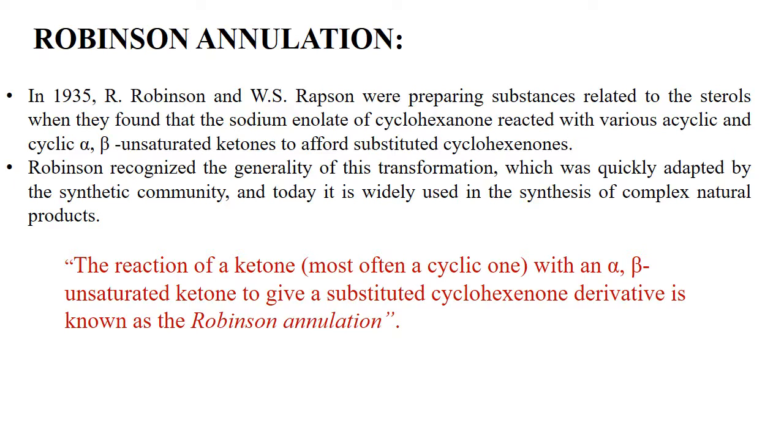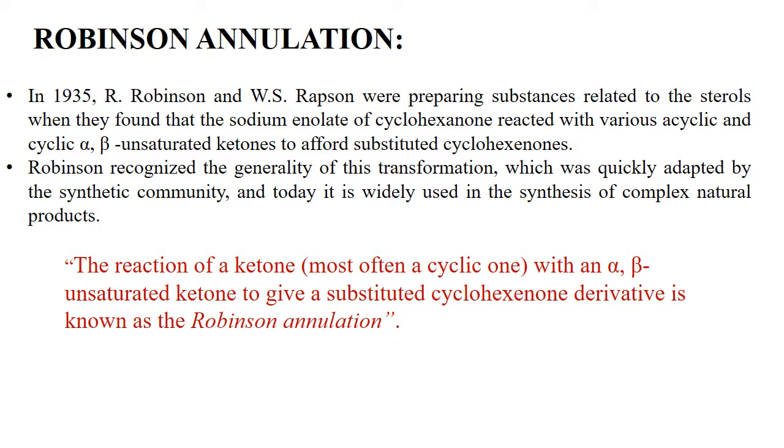So, the first ketone, the simple ketone, which may be cyclic or acyclic, will be converted to an enolate. The enolate of a ketone acts as a nucleophilic species. Then this enolate attacks the beta carbon of the alpha beta unsaturated ketone to afford a 1,5 dicarbonyl system. The addition of the enolate of a ketone to an alpha beta unsaturated ketone is called Michael addition reaction.